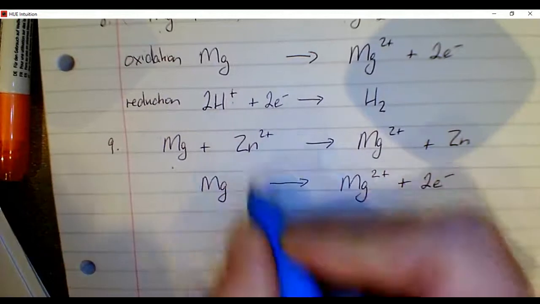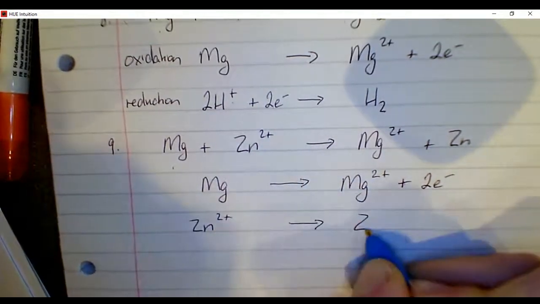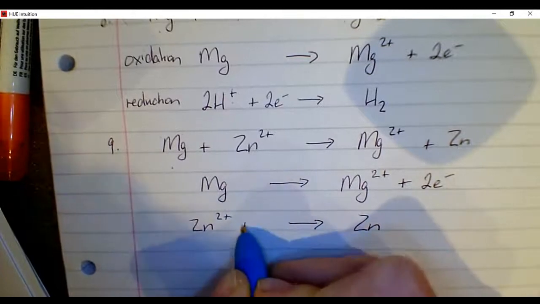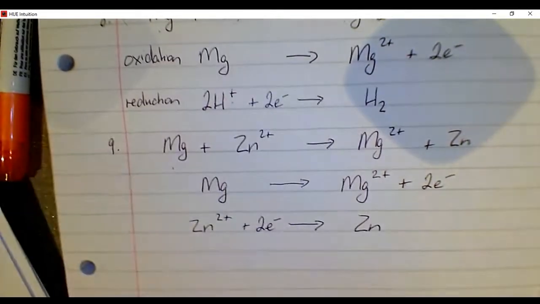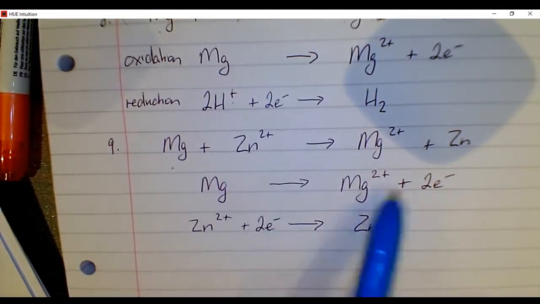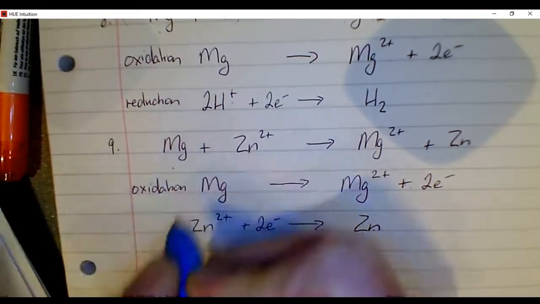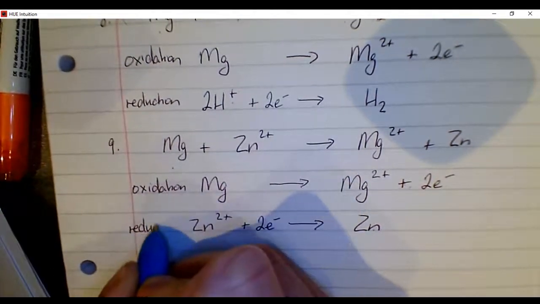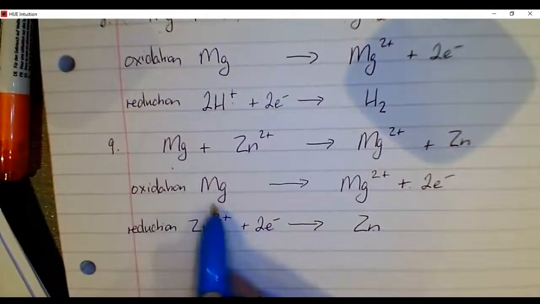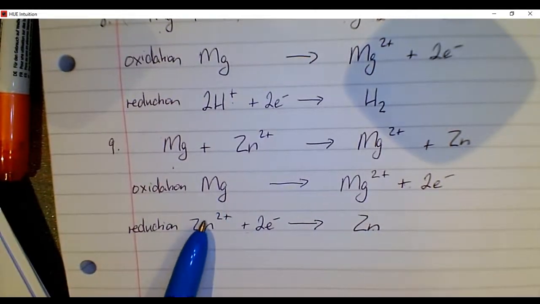And then we've got the Zn2+ giving you Zn, and that must have gained 2 electrons, because you need 2 electrons to get the atom back from the ion. So this is the oxidation, and this one is gaining, so this is the reduction. The more reactive metal will always be oxidized, and the less reactive metal will be reduced in these.